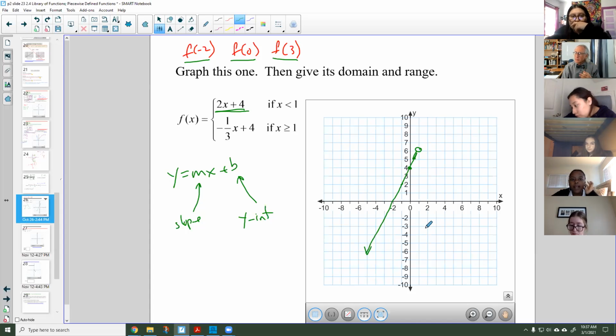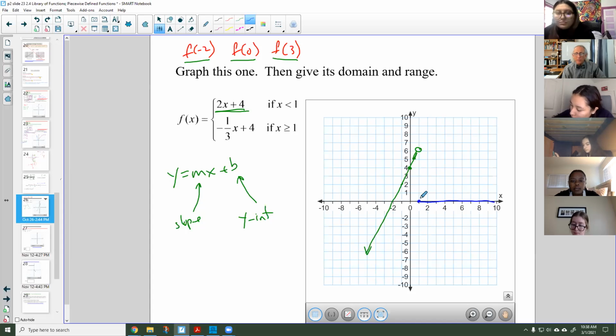Mia, please. Okay, for the open circle, can you explain that part again? Yep, because it's saying if x is less than 1. So I go down here and I'm looking at my x values. Here's 1, and I erased all of these over here.